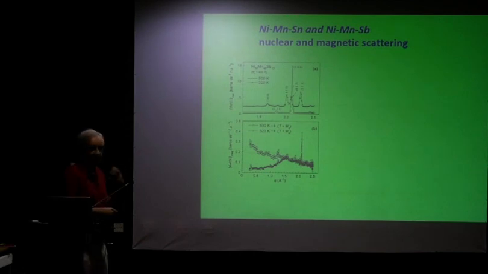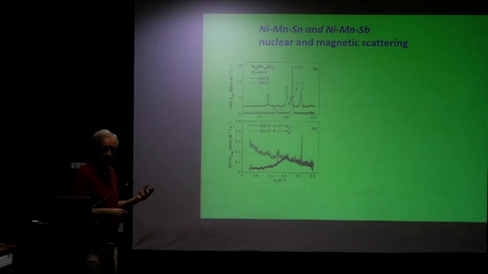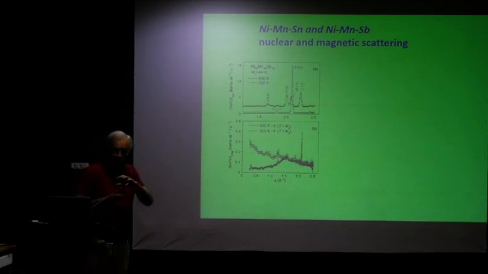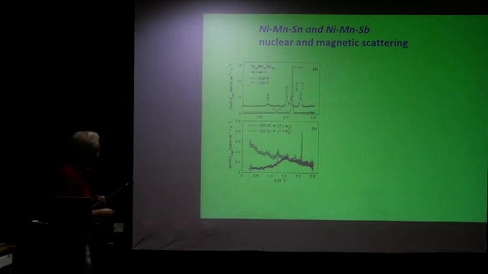Now we look at the magnetic part of the scattering. These are separated by some mathematical manipulations. So what we see over here is we have data at 320 Kelvin, and again data at 500 Kelvin. At 500 Kelvin, we see something like this, which is growing as we tend to Q equals 0.